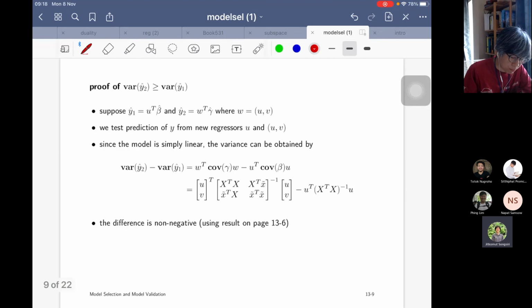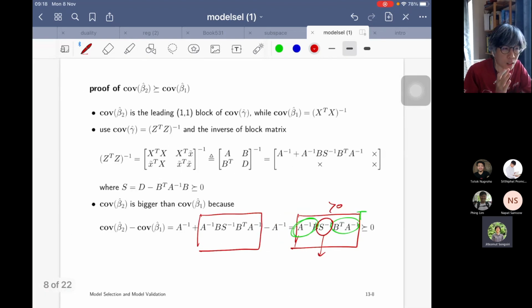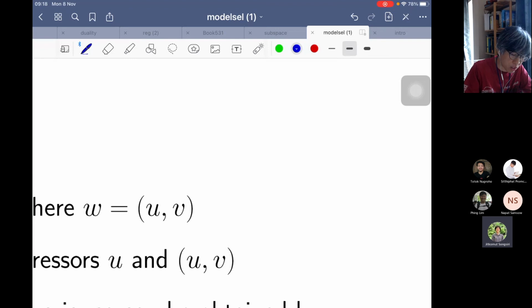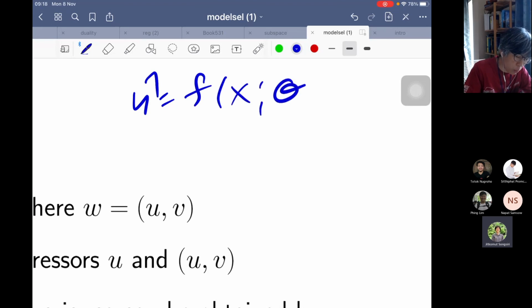The second one is the variance of the estimator, but the variance of the estimator also certainly has effects on the variance of predictions, right? Think about a general expression: when you do prediction, you use f hat, some function of x. But your model is always parameterized by model parameters.